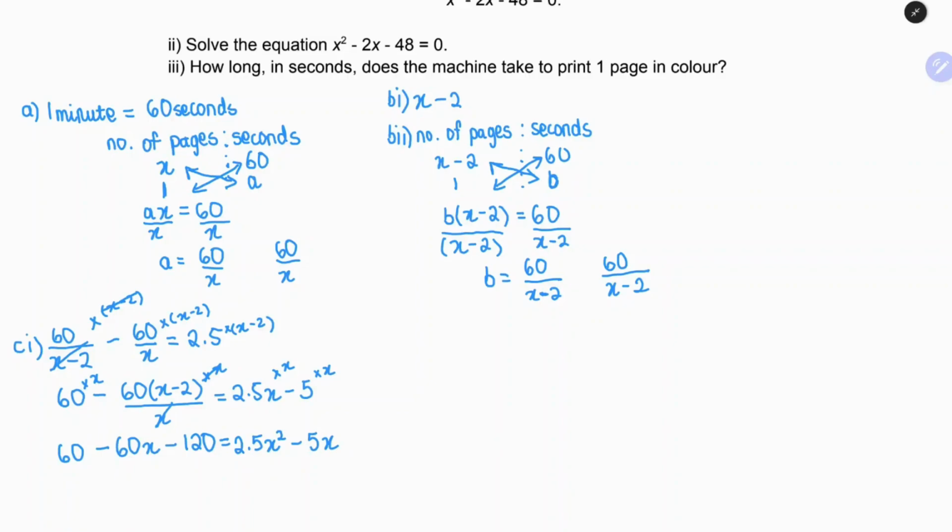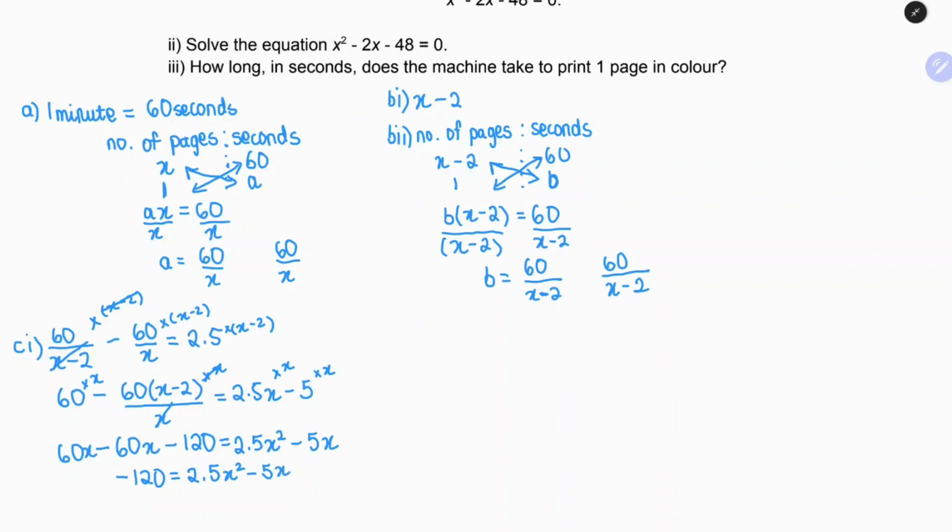So what we're then gonna do, I can already see that I forgot 60 times x, which is supposed to be 60x there, sorry. So 60x minus 60x would be 0. 60 donkeys minus 60 donkeys is 0, obviously. And then we're going to remain with minus 120 is equals to 2.5x squared minus 5x.